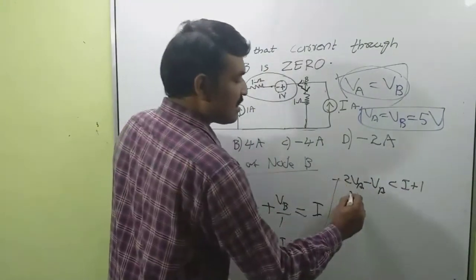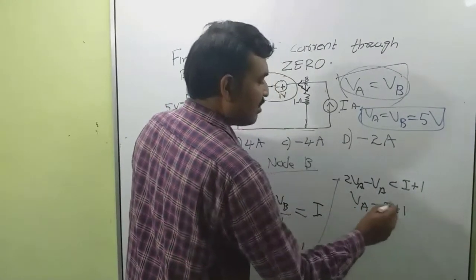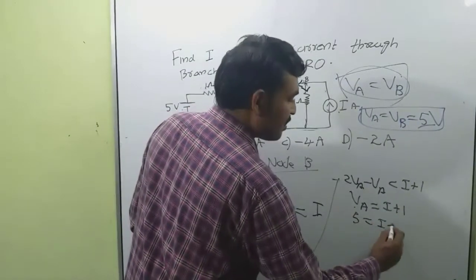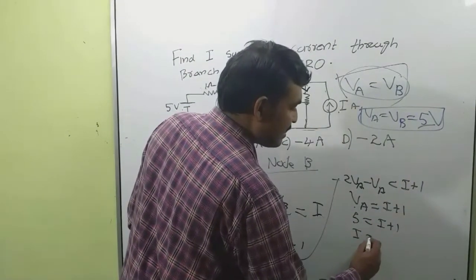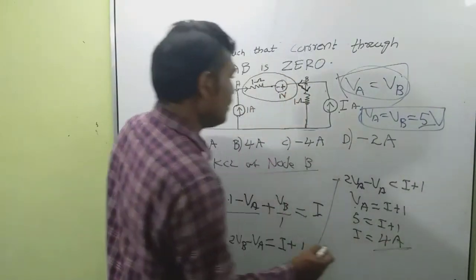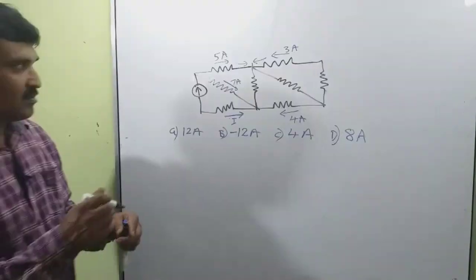VA is equal to I plus 1. What is VA? VA is 5. 5 is equal to I plus 1, or I is equal to 5 minus 1, that is equal to 4 ampere. So the answer is B. I is equal to 4 ampere.